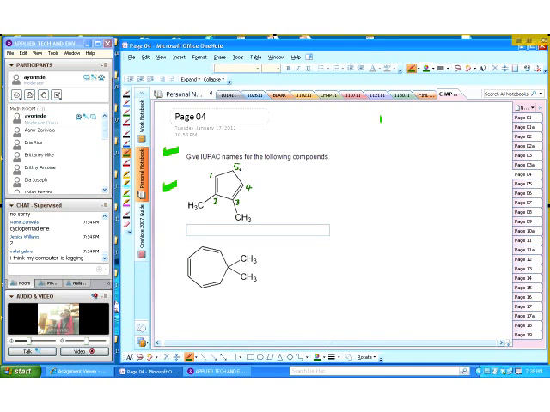You number this molecule so that you give the carbons of the carbon-carbon double bond the lowest combination of numbers. So in this particular instance, what will be the complete name for this, given that we have a methyl group in 2 position and another methyl group in 3 position?